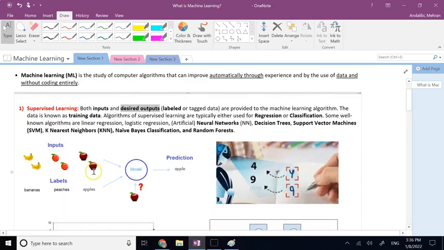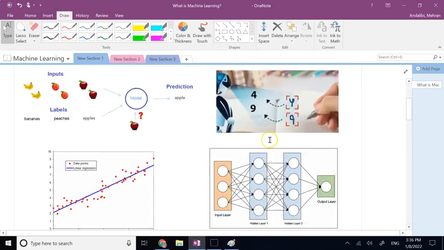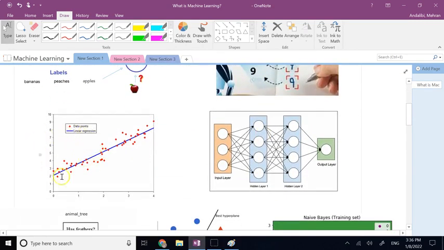For example, in one of the most common methods of supervised learning, which we call regression, you are going to give it a bunch of X and Y data, and you expect your algorithm to find the underlying function.